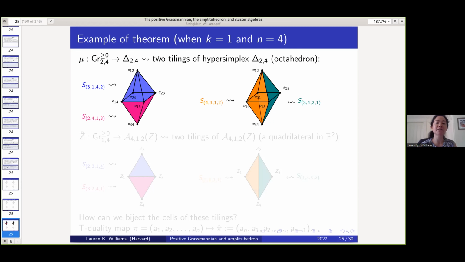That gives rise to exactly 2 tilings of the octahedron. Here's one tiling where we're cutting the octahedron horizontally, and here's another tiling where we're cutting it vertically. I've also shown exactly which cells have moment map images, the corresponding polytopes.